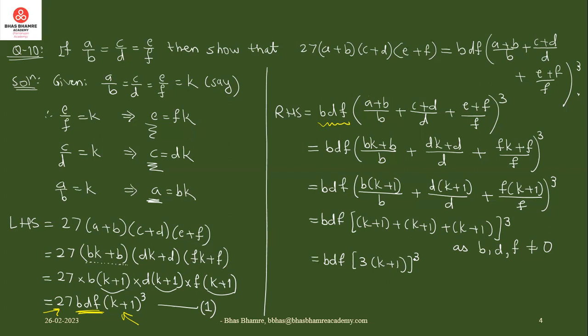Now, this can be worked as the cube of the bracket. We get BDF into 27 into (K plus 1) whole cube. That is 27 BDF into (K plus 1) whole cube, which is equal to LHS. And it completes the proof.